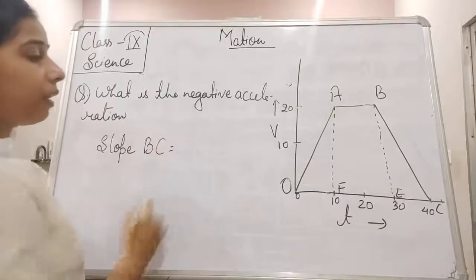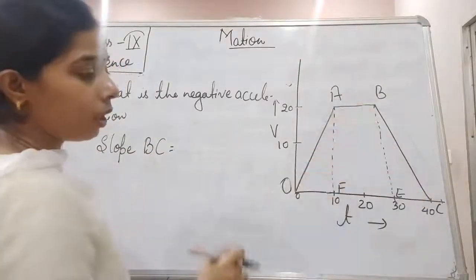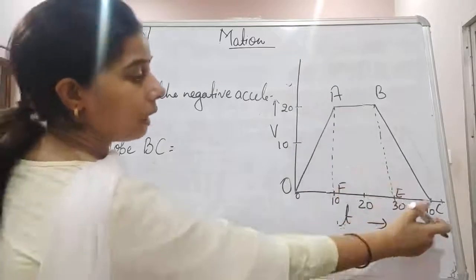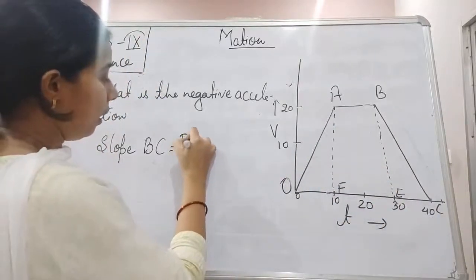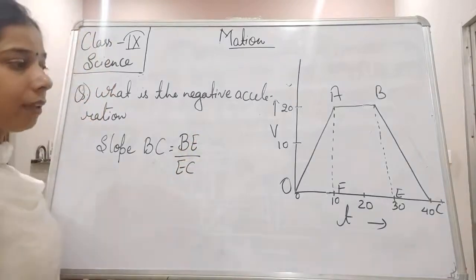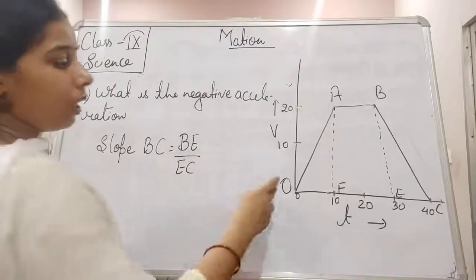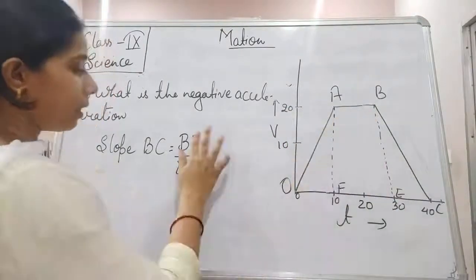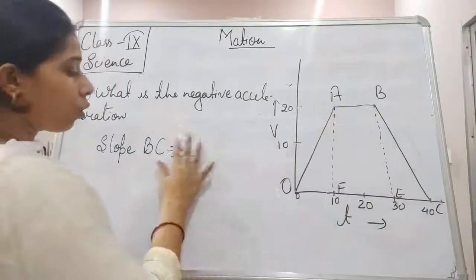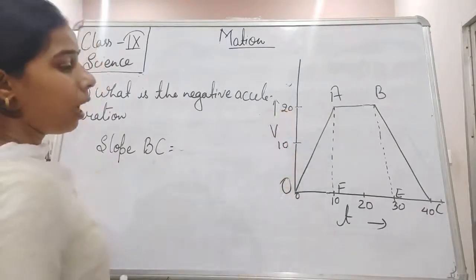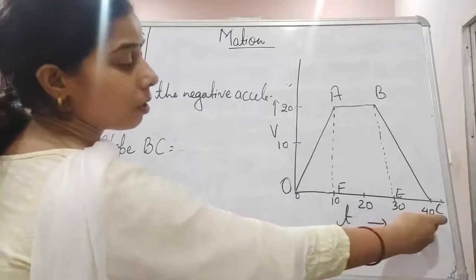Now we have to find the value. So slope BC will be equal to BE upon EC. And how do we get the value of BE? So here the slope of BC is representing the acceleration. So the change in velocity will be, initial will be 0, final will be 20, and here time is 40 to 30.